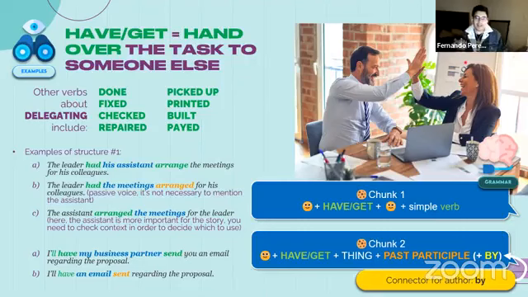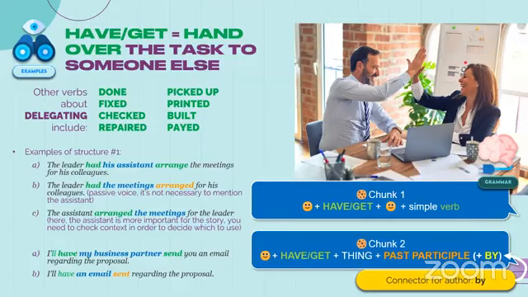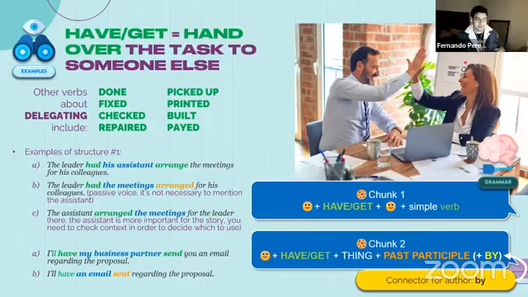Do you remember in what occasions do we use passive voice? When you want to emphasize the object of the sentence, right? You are correct. You are very, very close.